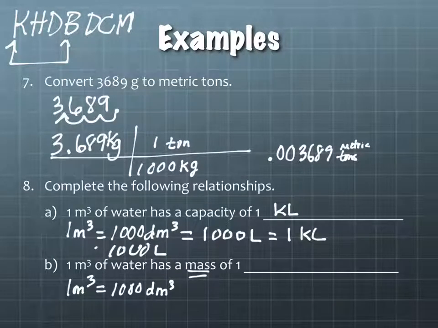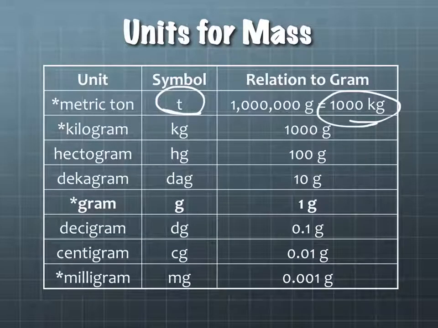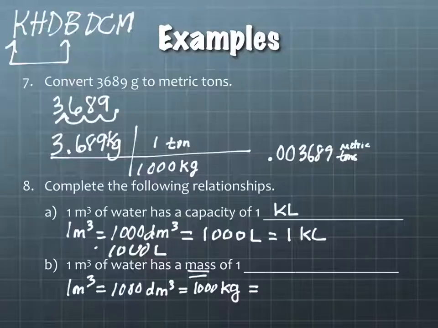So since this is kilograms, it would also be 1,000 kilograms. And if I take a look at the other table over here, we had kilograms. 1,000 kilograms is equal to 1 metric ton. So 1 T. This is 1 ton, or 1 metric ton if you prefer.